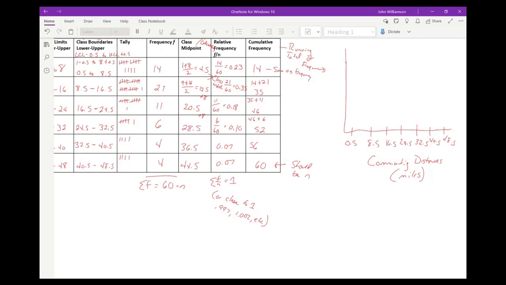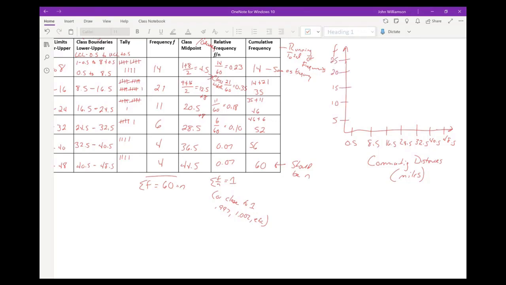Then your frequencies go along the vertical axis. Frequency is an acceptable axis label. I'm just going to count these off by fives: 5, 10, 15, 20, 25.